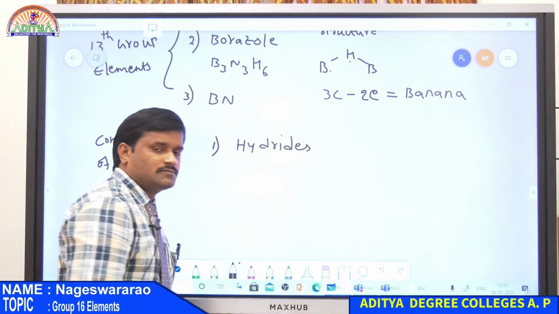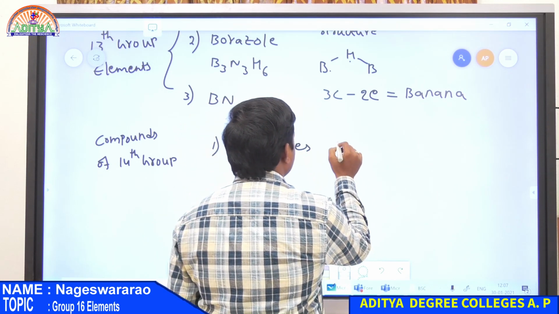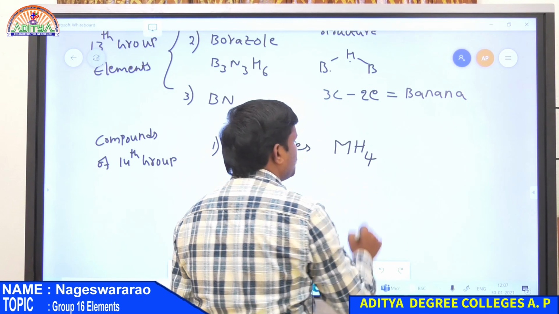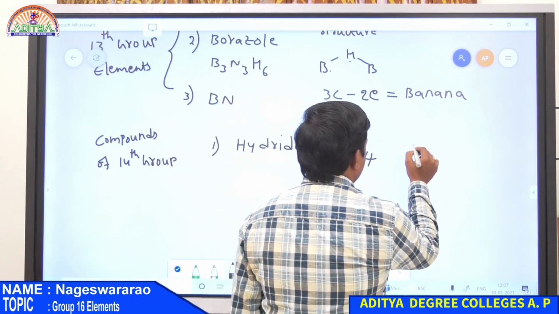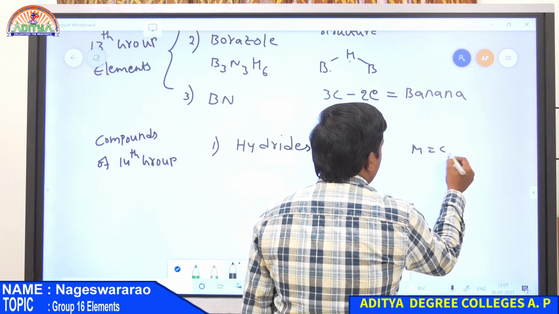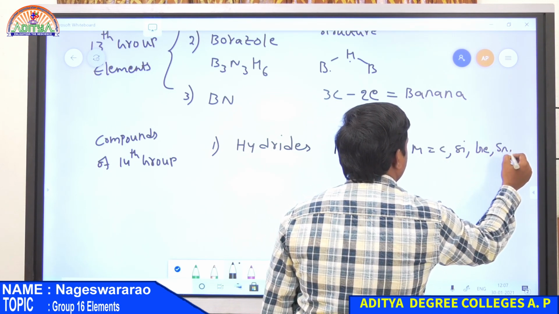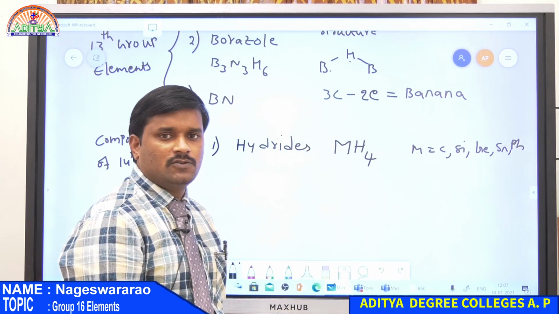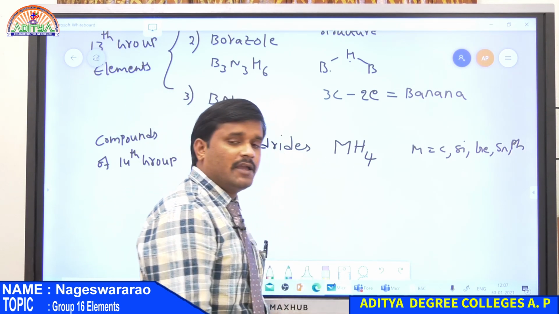All elements present in 14th group form a hydride with general formula MH4, where M is a 14th group element, that is M is equal to carbon, silicon, germanium, tin and lead. So all the elements present in 14th group form a hydride having a general formula MH4.